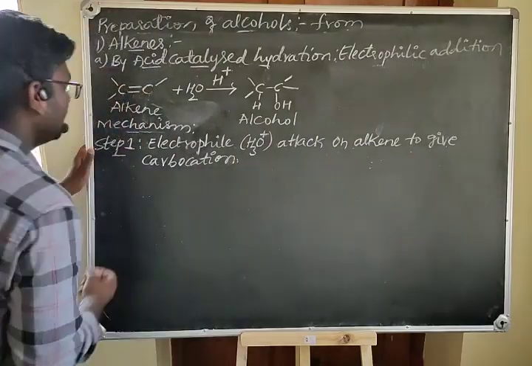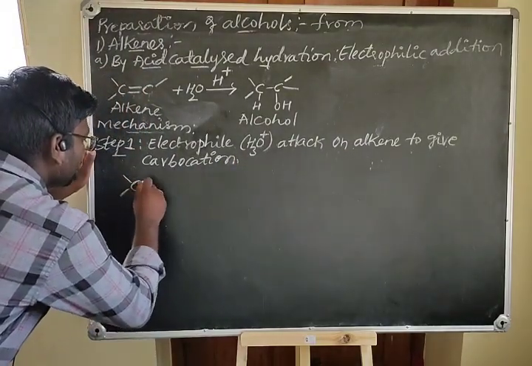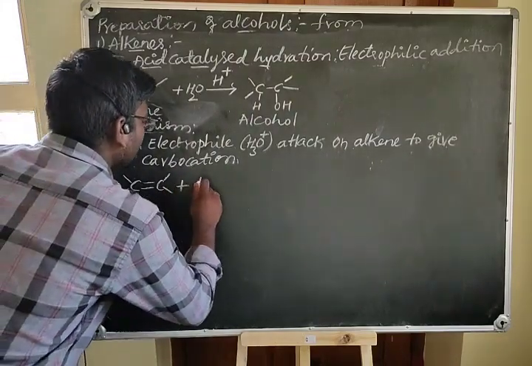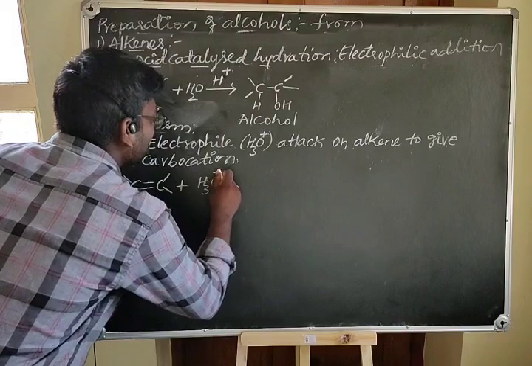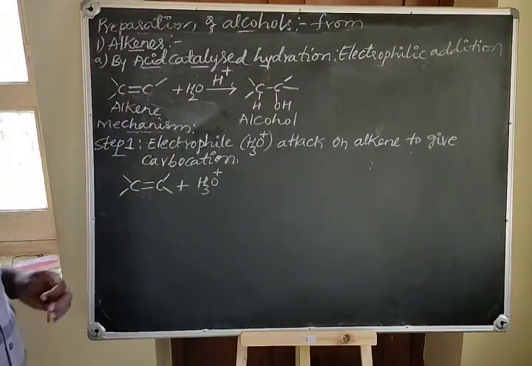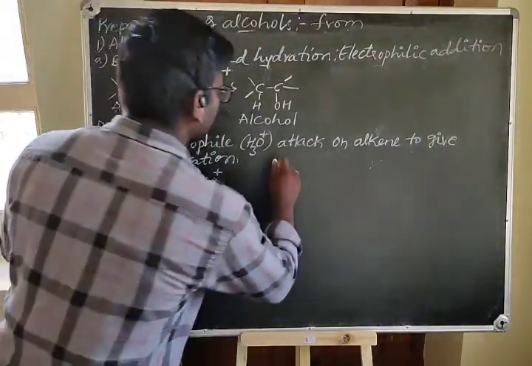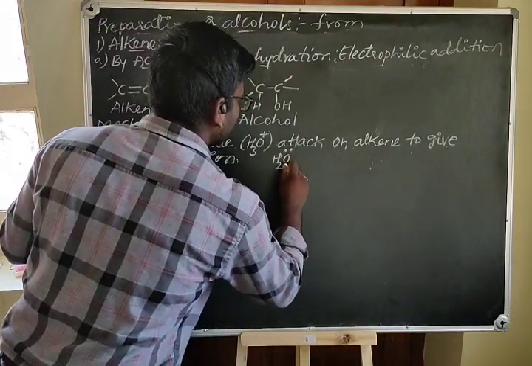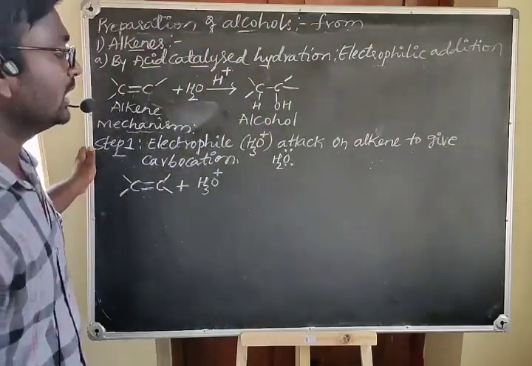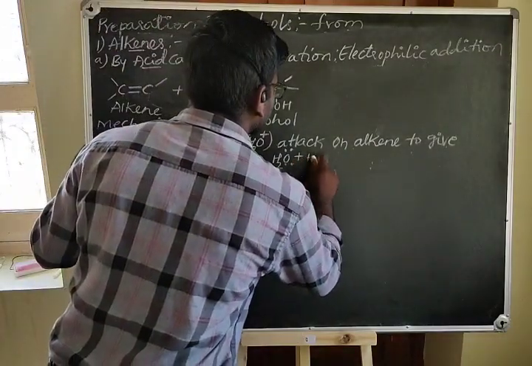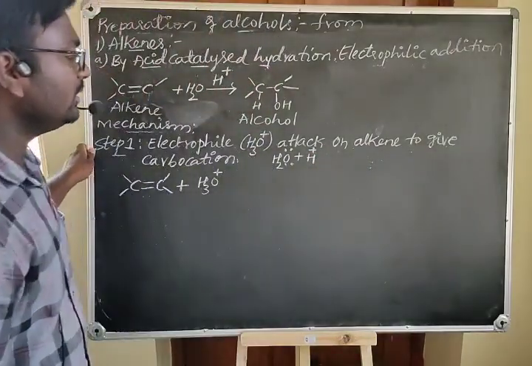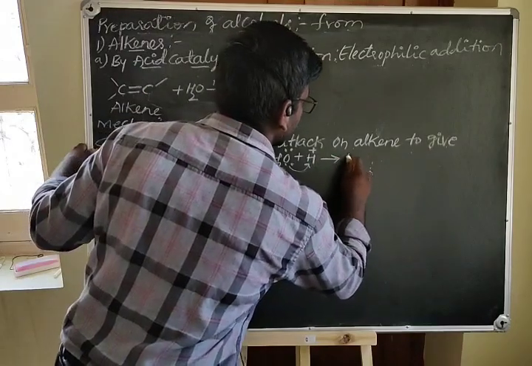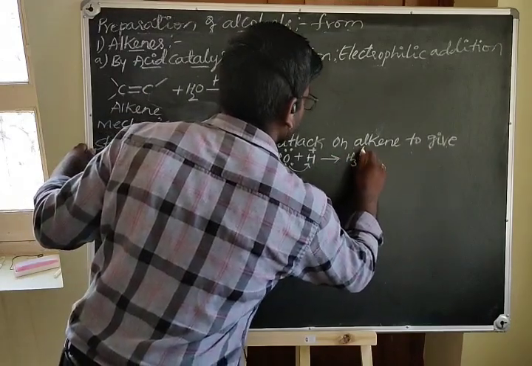When you have this C double bond C, the electrophile H3O plus ion will attack. How has this H3O plus ion come? When H2O, where O has two lone pairs of electrons, is treated with an acid, that is H plus ion, it makes a bond, so it gives H3O plus.